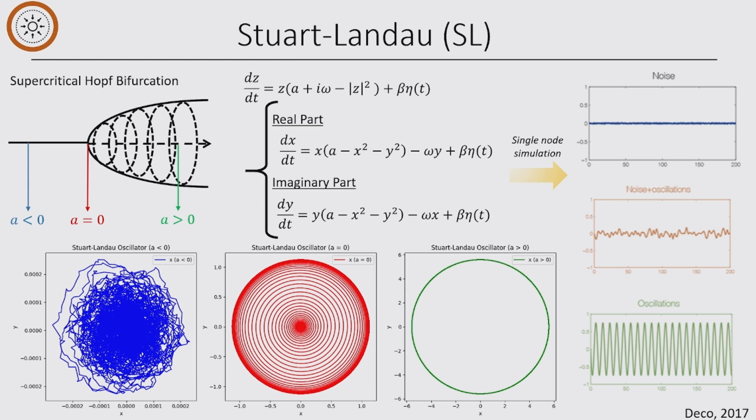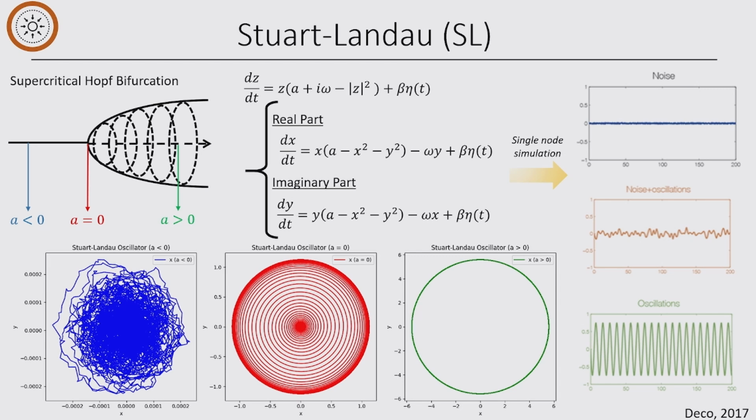And then if we add noise into the picture, which we've already had a discussion of from the previous talks, we can generate an equivalent version of this rhythmic activity with some noisy fluctuations, and that actually has a lot of desirable dynamical features. So Stuart-Landau will feature a little bit in talks that we've got coming up from Joanna and from Josephine.